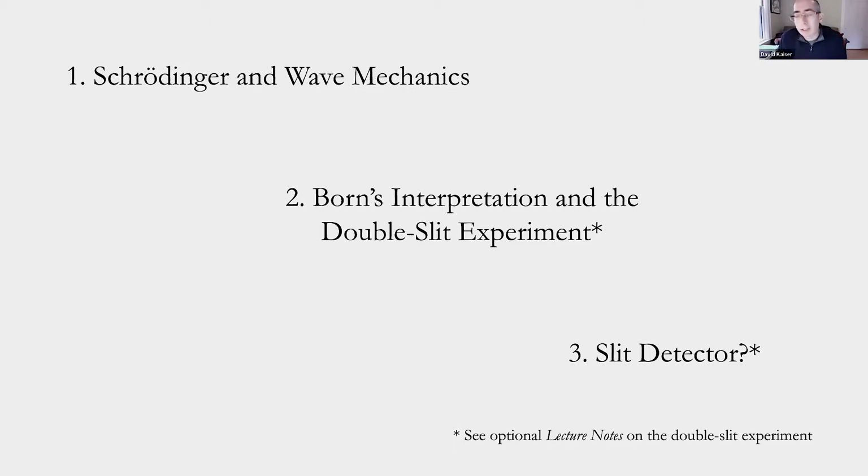Strictly optional, they are available on Canvas, but if something goes by too quickly or I have to skim over some of the intervening steps, as sometimes happens, then hopefully those lecture notes will help fill that in for those of you who want to dig in a bit more. So that's our plan for today.